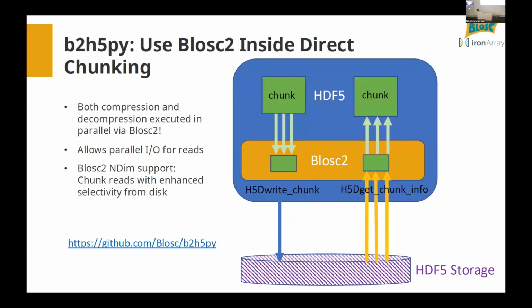We also implemented a way to use Blosc2 inside HDF5 with direct chunking. What this allows is that both compression and decompression can be executed in parallel, right? So we have here the Blosc2 library. Whenever we need to compress a chunk, like in HDF5, we can compress it in parallel in Blosc2, because it works in parallel. And then we use the HDF5 direct chunk write in order to store that in HDF5.